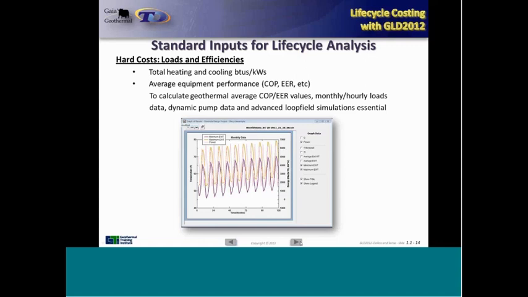This requires monthly or hourly loads data, dynamic pump data, and advanced loop field simulations. These simulations give you the ability to predict what the average performance is going to be over the course of the year. Like we can see in this graph here, the pinkish purple line shows us our minimum entering water temperatures over the course of 10 years.